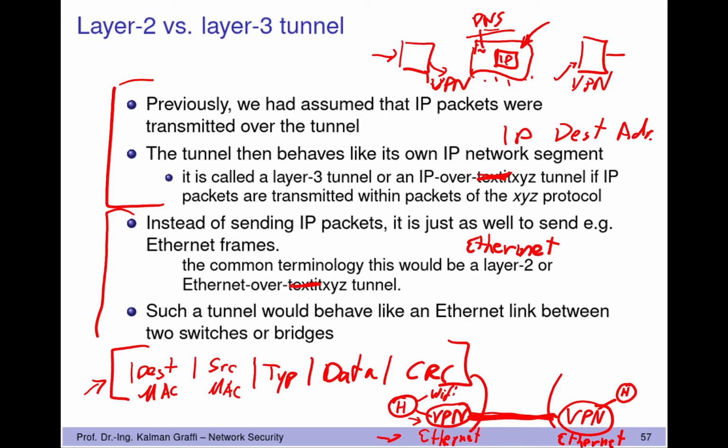Then if you have the MAC address, you can send a message directly through the VPN. So it's really more connecting the two networks on a lower level. And in layer 3, you can use various application layer protocols where you just embed your IP packets, but you actively have to address who your IP recipients are.